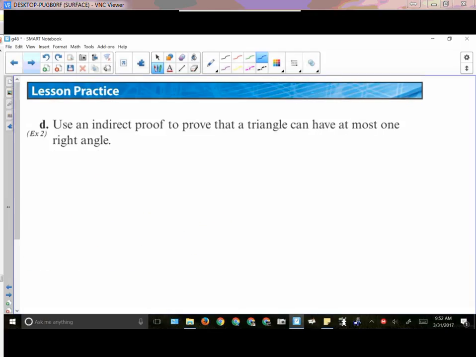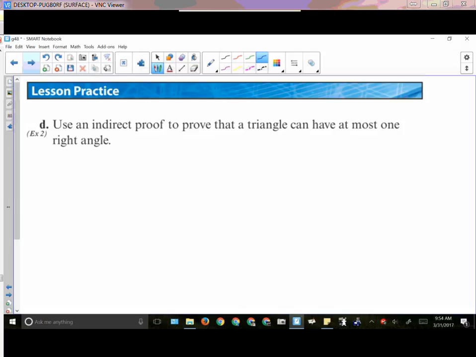So I'm going to give you a few moments, and I want you to think about this one. So Hannah, what could you give me to use so that I can do an indirect proof here on this one? What would be a piece of information you want? Okay.